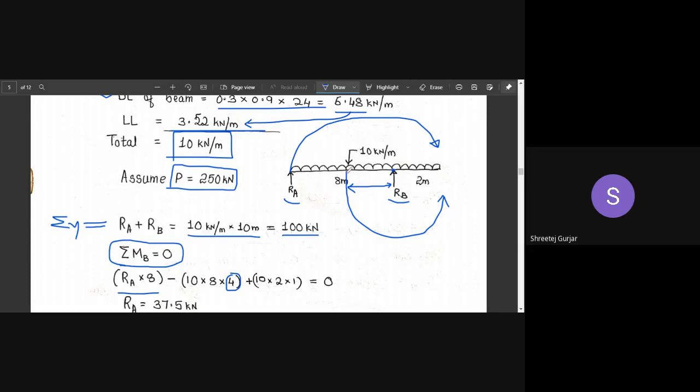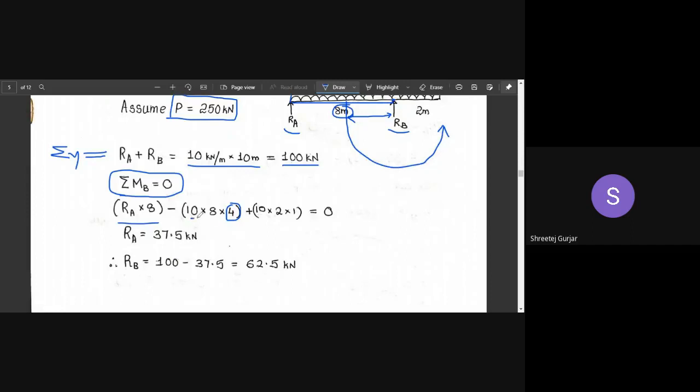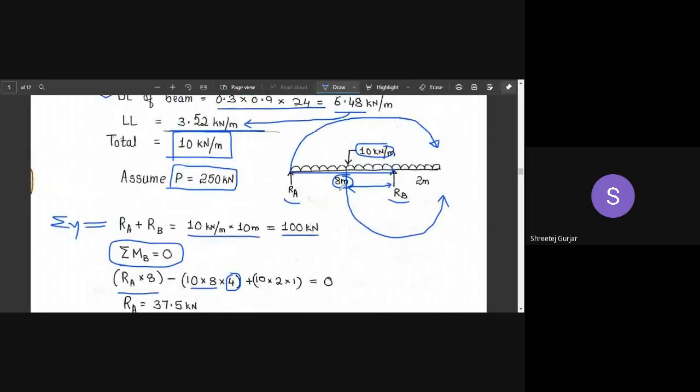And what is the intensity? It is 10 kilonewton into this 8 meters, from here to here. So 10 into 8 is your intensity, and then this is the perpendicular distance, that is 4 meters. Now moving on to the right side of your point B. This UDL on the right side will go clockwise, so it is positive.